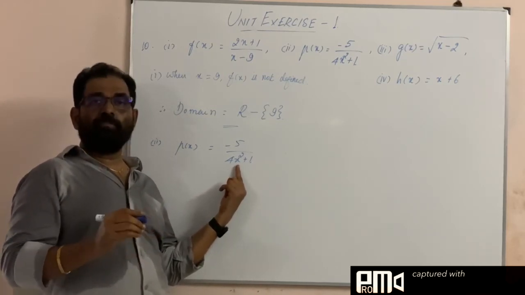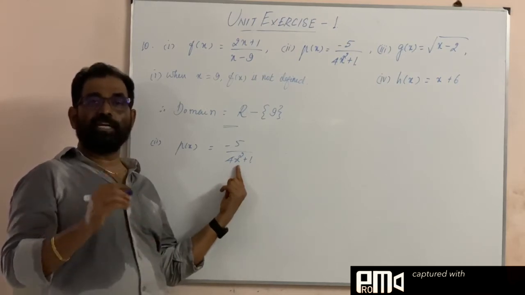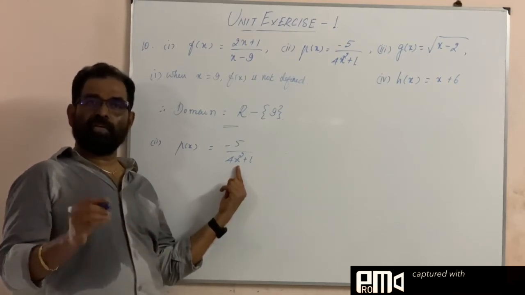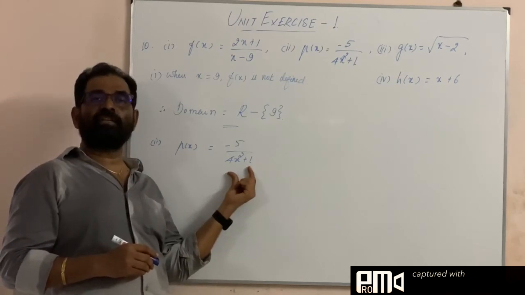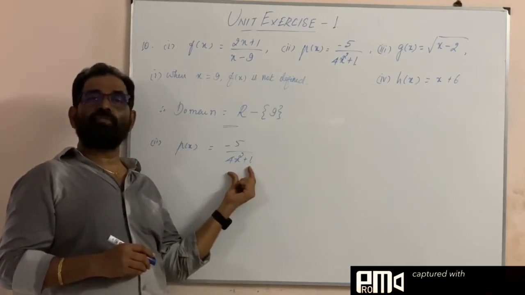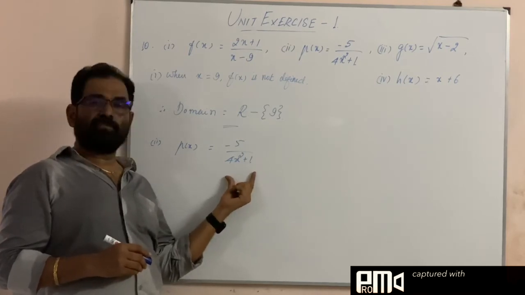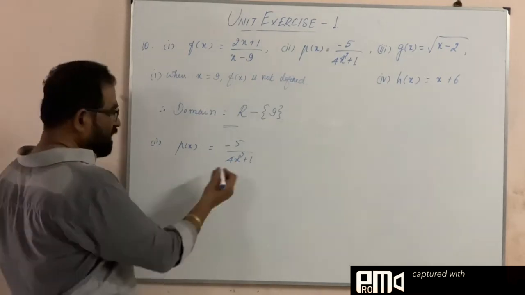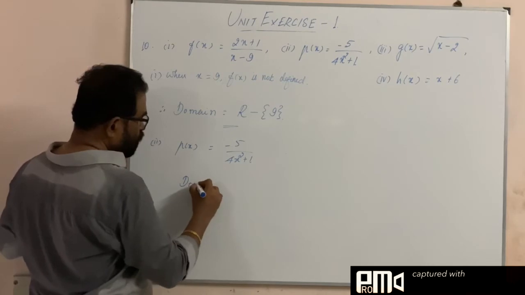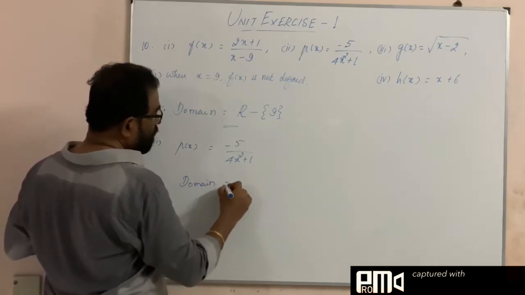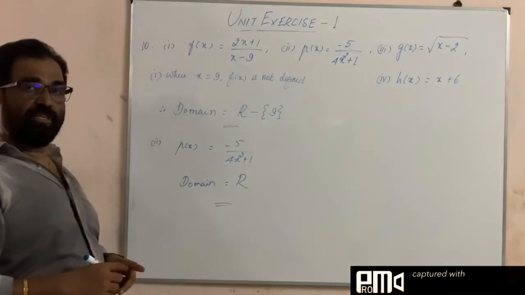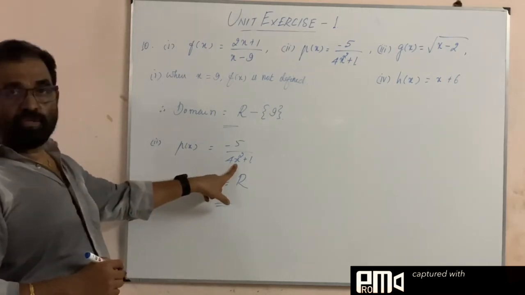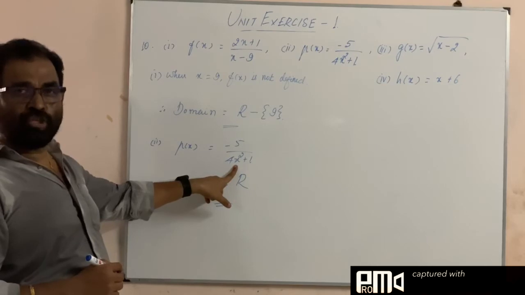So you cannot make the denominator 0 for any value of x. Therefore, any value you can give. So the domain is the set of all real numbers. R stands for real numbers. No value of x can make this denominator 0.